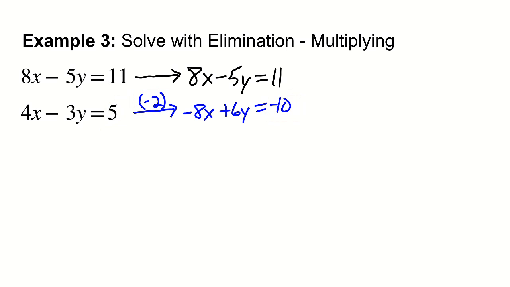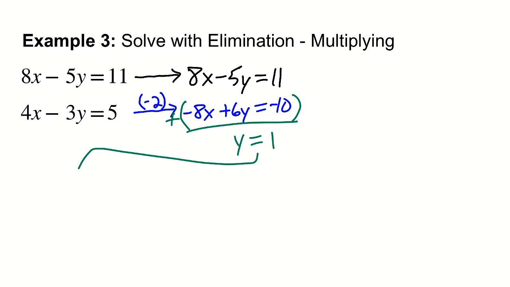And now, when I add my two equations together, 8x plus -8x makes a 0x. -5y plus 6y is +y equals 11 plus -10 is 1.